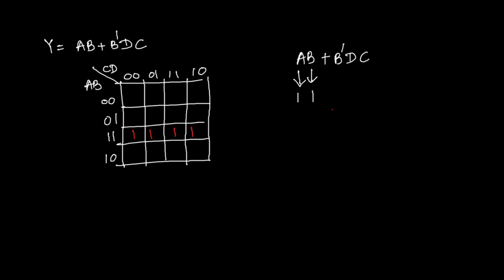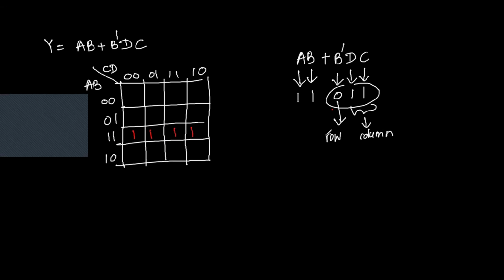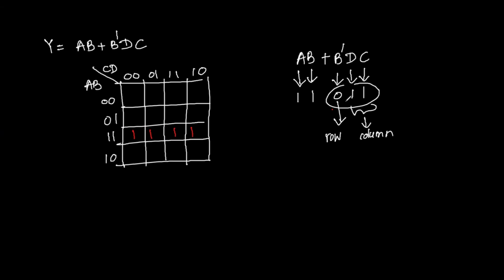And then you have the combination of the value of B being 0, D is 1 here, and C is 1 here as well. Where do you get this combination? Let's first check out this. This is our row, and this combination is our column, right? So let's go ahead with that. B has to be 0. Where is B being 0?